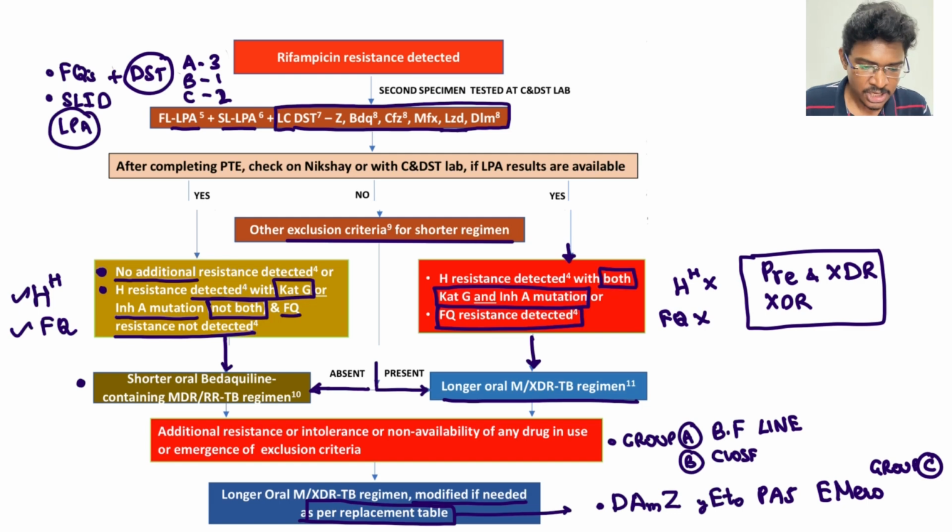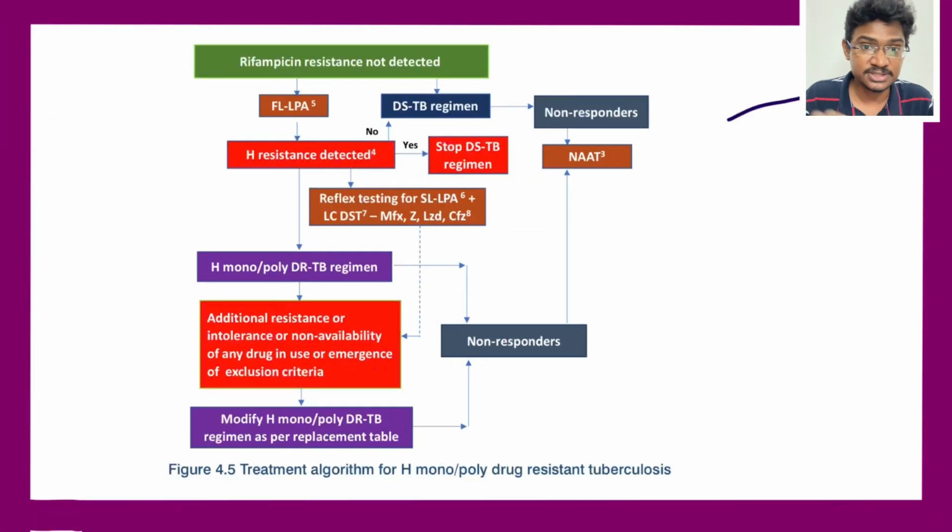Okay, that's it. So this you should be following. Then the replacement schedule is just to follow the patient and do drug susceptibility testing. If you find some resistance, just exchange the group of drugs which works. Okay, this is actually logical with respect to treatment of MDR-TB and XDR-TB.